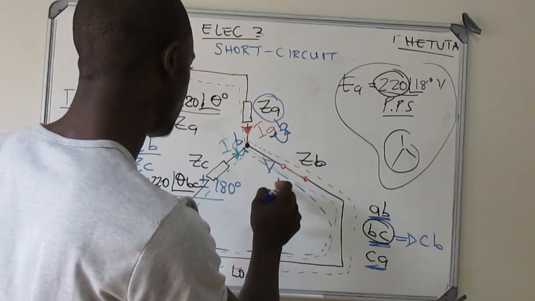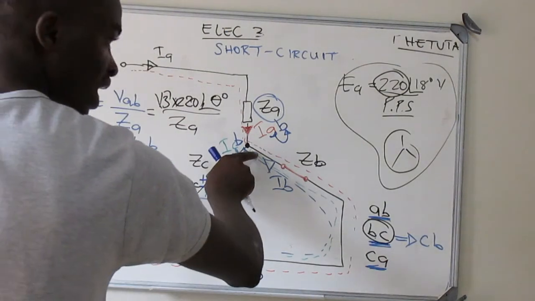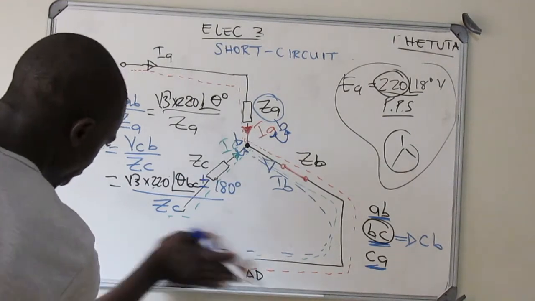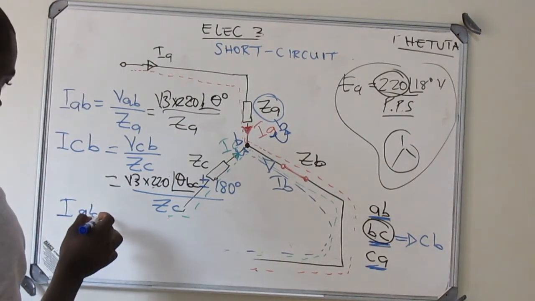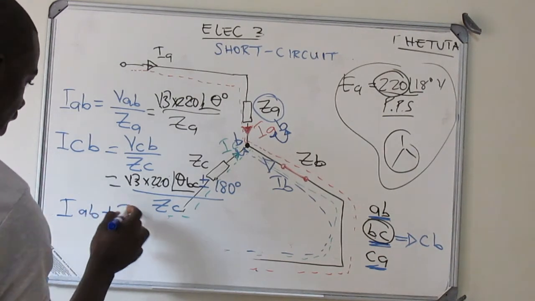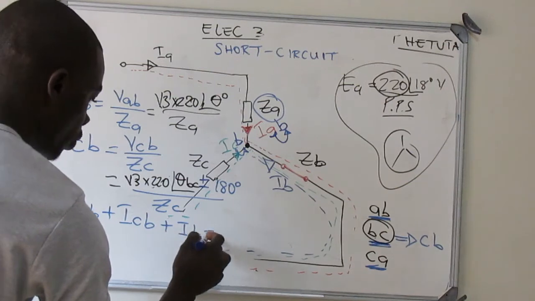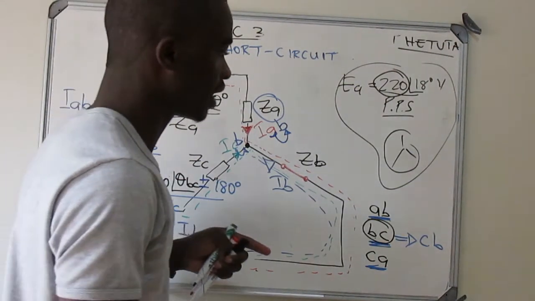Okay? So remember that on this junction you have 3 currents that are going into the same junction. So you are in the case where you have the current I_AB, plus the current I_CB, plus the current I_B, which all of them going into the junction will give us 0. Kirchhoff's current law. Can you see?